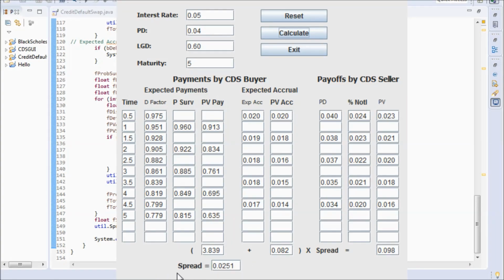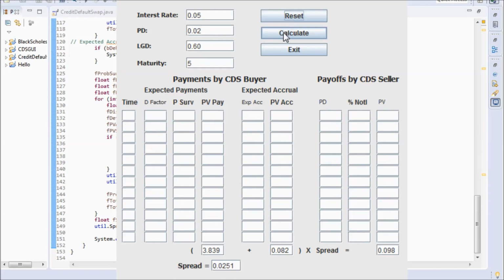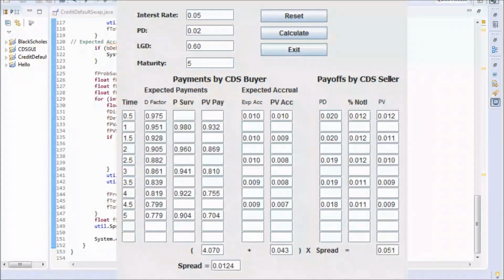It's more than double the amount. Now, if we change loss given default from 0.6 to 0.8, you can see the spread also increased, but didn't increase dramatically.